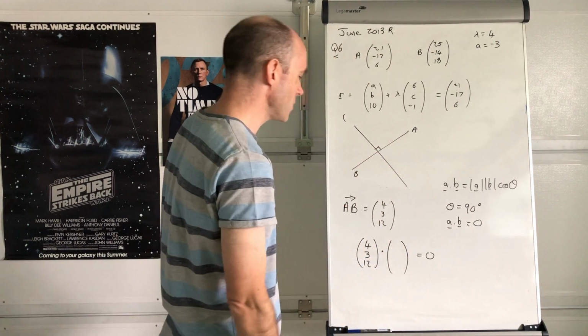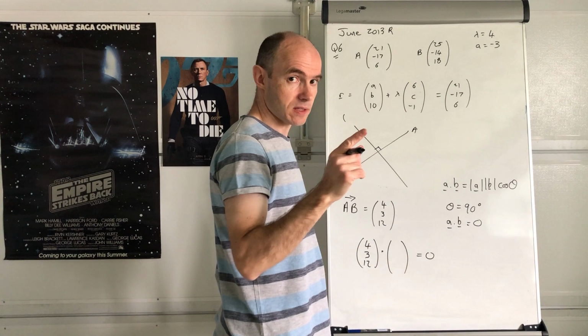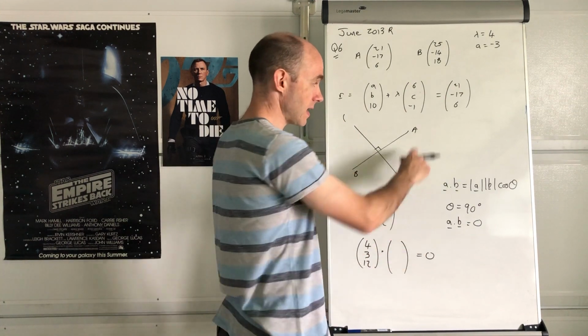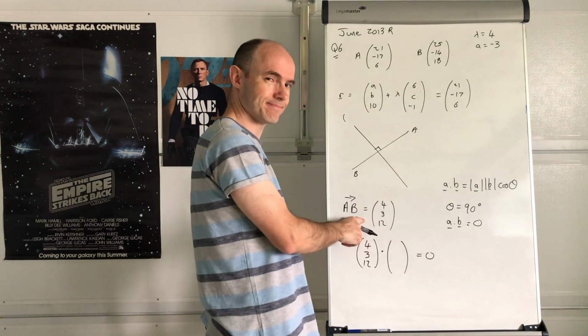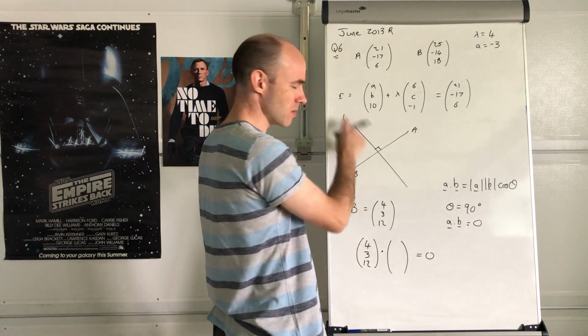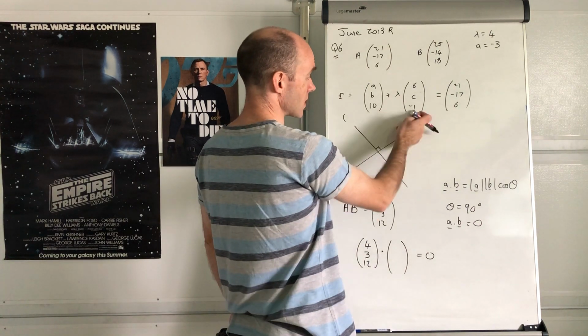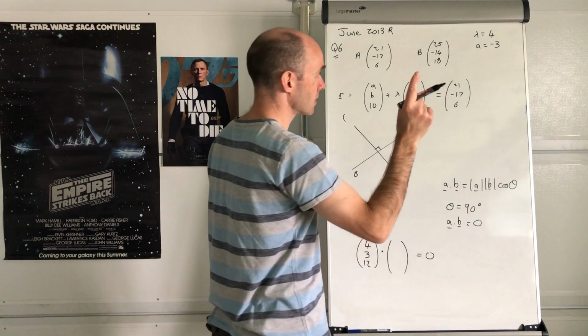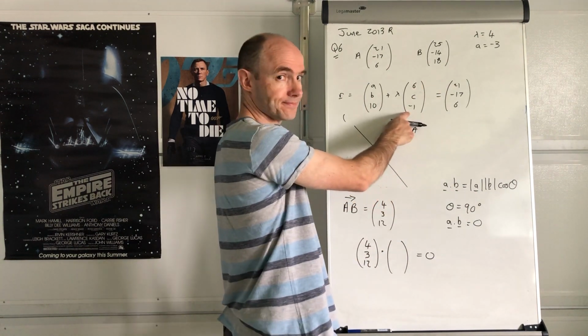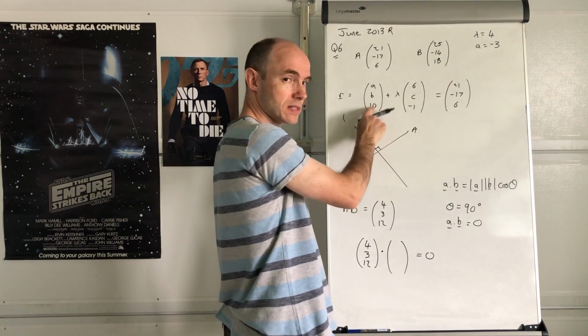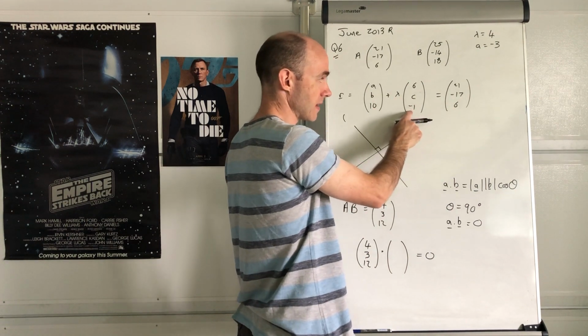Okay, so here's a hint for you. We know that the direction vector AB is that. We need the direction vector of L. Which is the direction vector? Okay, that's the direction vector, isn't it? That's just a position vector that lies on the line. That's the direction vector.